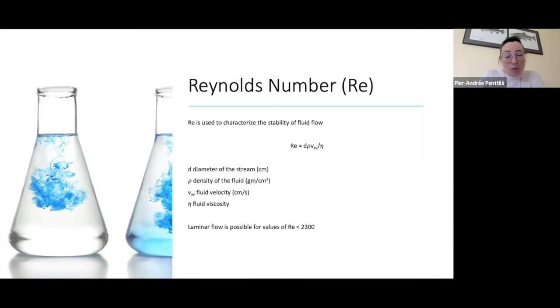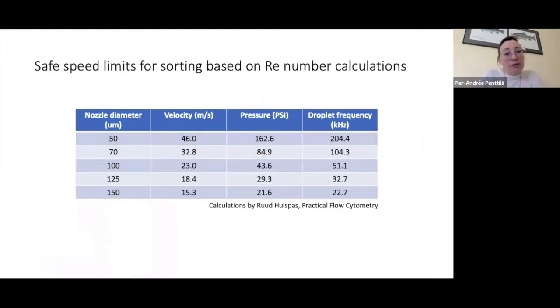And this is very important because any Reynolds values above 2300 can result in a very turbulent flow, which will disrupt the cell sorting process quite considerably. So these are some of the safe values of stream velocity for a range of nozzle diameters with system pressures and optimal droplet generation frequencies corresponding to those velocities and nozzle diameters.